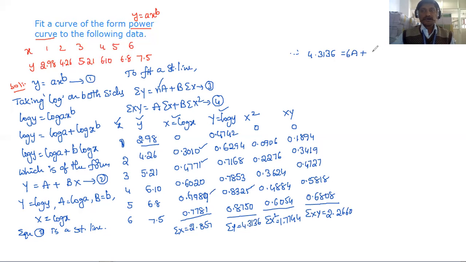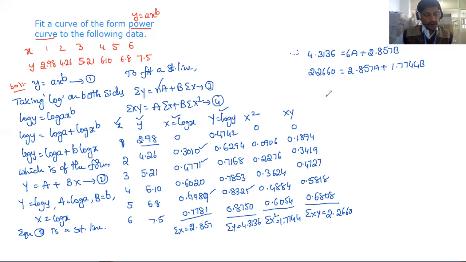Summation x we got as 2.857B, and next summation xy is 2.2660, so 2.857A plus summation x square is 1.7744B. By solving these equations we will get the values of capital A and capital B.